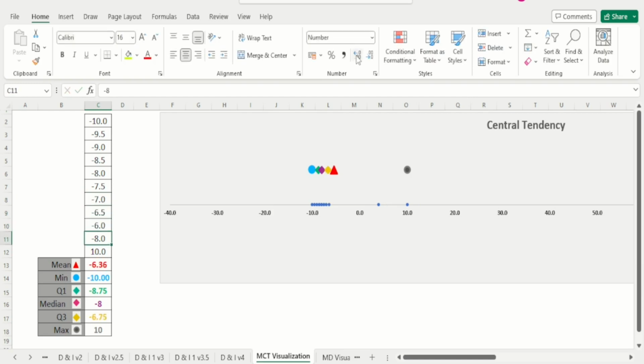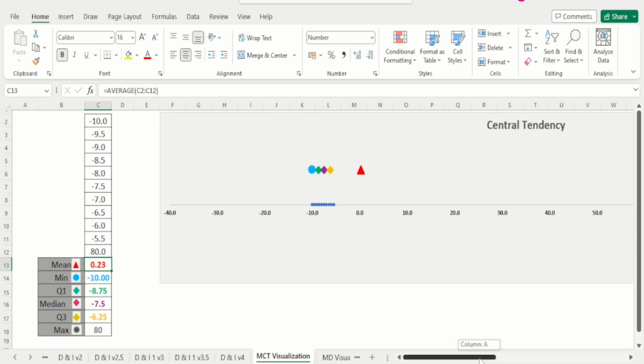So for instance, let's say we have, okay, so now look at this data set right here that you have right now. On this data set, what you have is a closely clustered set of data points all the way from -10 till -5, right? You see all these blue colored dots clustered together.